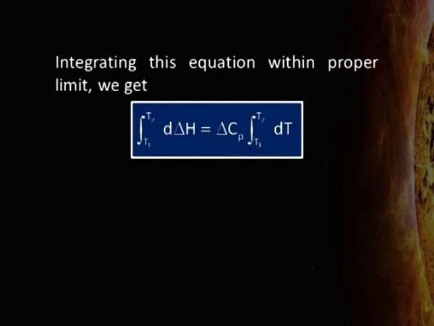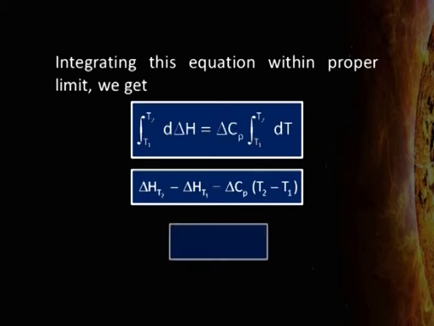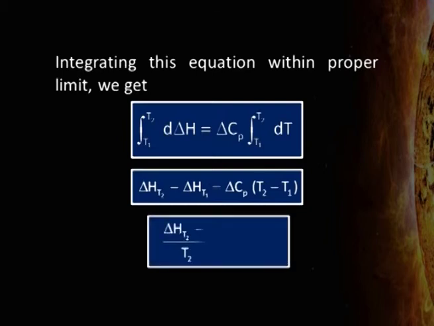Now, integrating this equation, we will get delta H at T2 minus delta H at T1 equal to delta Cp into T2 minus T1. Rearranging this equation, we will get delta H T2 minus delta H T1 upon T2 minus T1 equal to delta Cp.